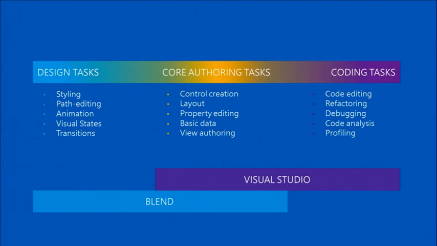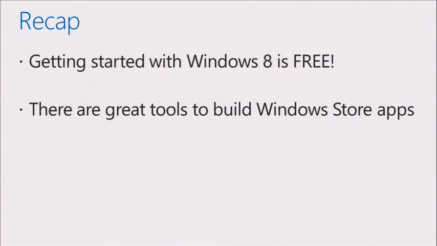And then we will have these core authoring tasks that you can use everywhere, like layout and basic property editing. And then there are certain things that Visual Studio will be better for, like refactoring, profiling tools, and code analysis. But the tools will go back and forth. You're working in the same source file, so you'll be fine. And that's the recap for my tools.